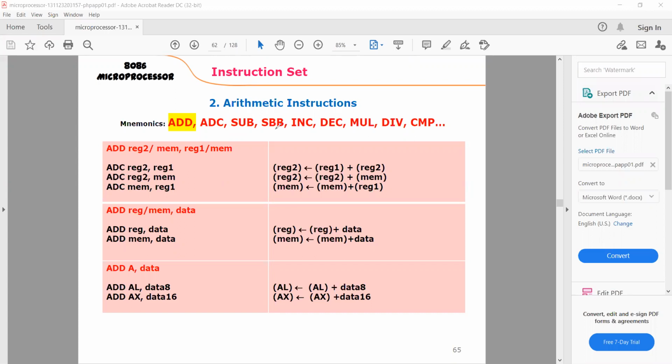INC means increment operation. DEC means decrement operation. MUL means multiplication operation, and DIV means division operation. The last one is CMP, which is comparison operation.